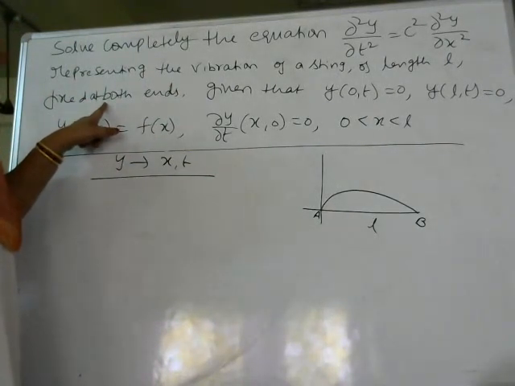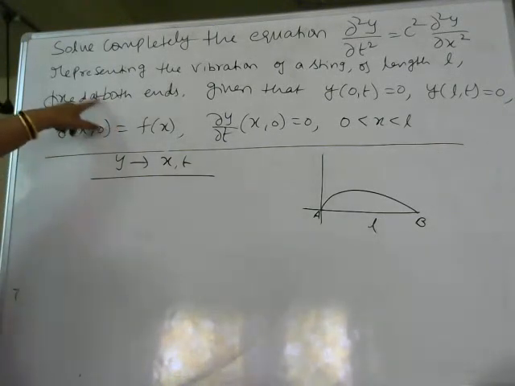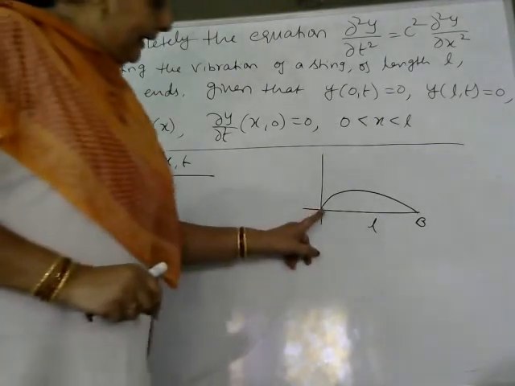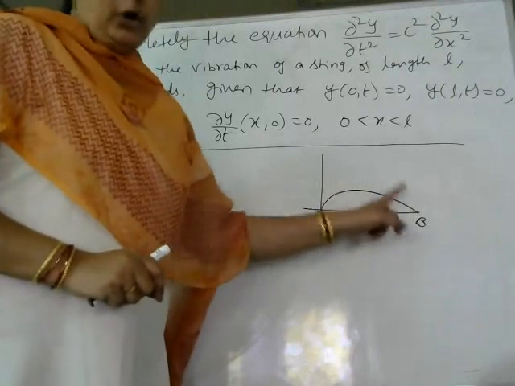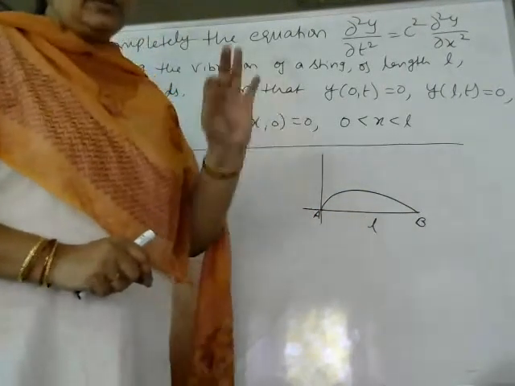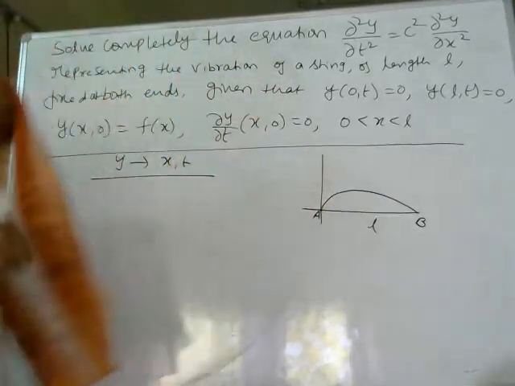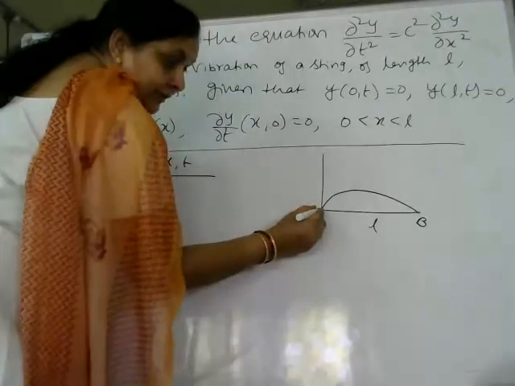From that phrase, what we can deduce is that at the point A and at the point B, these are the fixed ends we have. At these two points, displacement of the string is equal to 0. That is the meaning of fixed at both ends. What is the displacement here? At this point, what is the value of x we have?